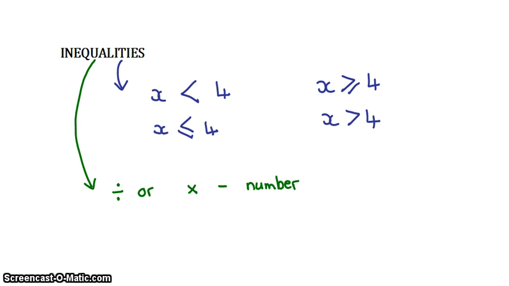With inequalities, as with equations, what you do to one side, you do to the other side. But if you divide or multiply by a negative number, you need to swap the inequality sign around. That's really the only big difference with inequalities. So you need to swap the inequality sign around if you divide or multiply by a negative.